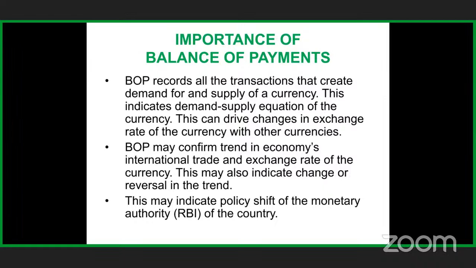These are all recorded in the current account. And the capital account records the receipts and payments on account of capital. The capital account involves inflows and outflows relating to investments, and short-term, medium-term, and long-term borrowings and lendings. All these are recorded in the capital account.